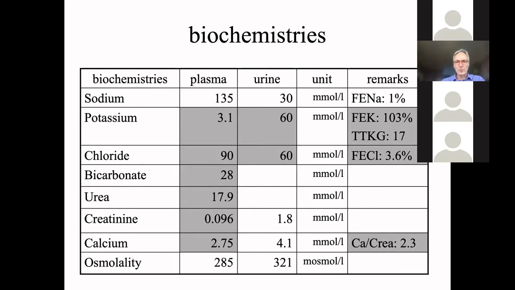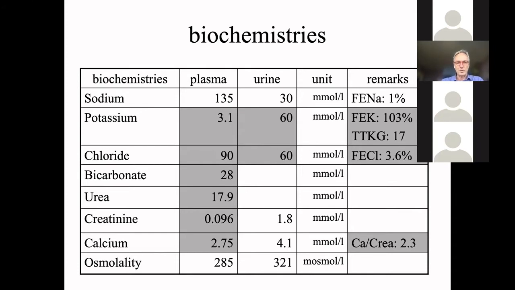And again, going a bit more into the details of the biochemistries. So here, fractional excretion of sodium is what's usually considered borderline normal, but of course also the GFR was quite markedly impaired. So this again is the steady state of what's going on here. You see a fractional excretion of potassium that's higher than 100%.